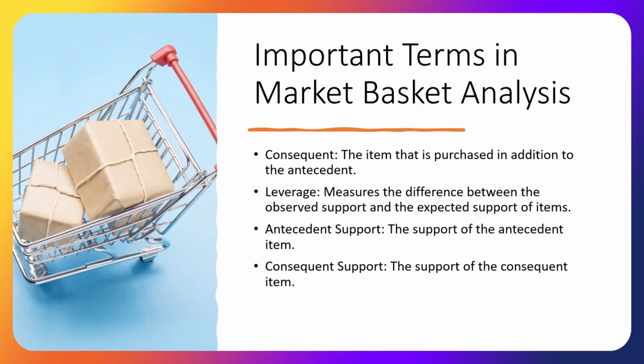So your consequent can actually be more than one item. And then you have leverage. Leverage measures the distance between the observed support and the expected support of items. And then you have antecedent support, that's the support of the antecedent item, and then the support of the consequent item known as consequent support.